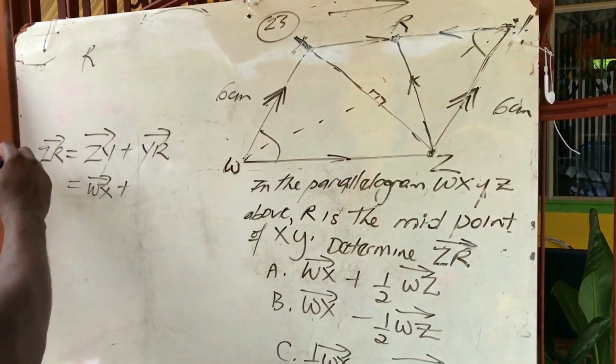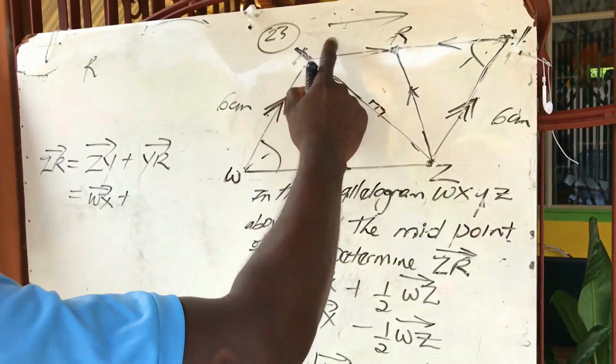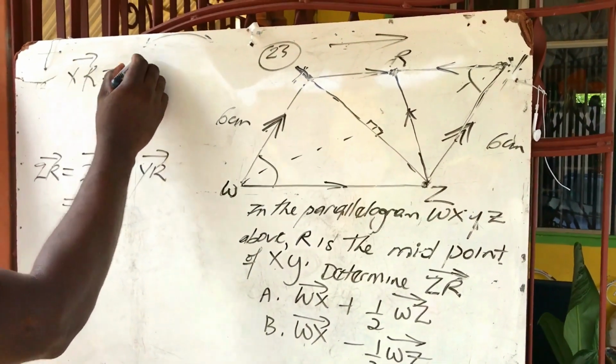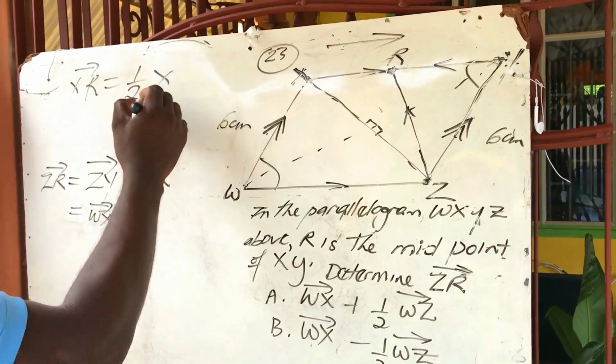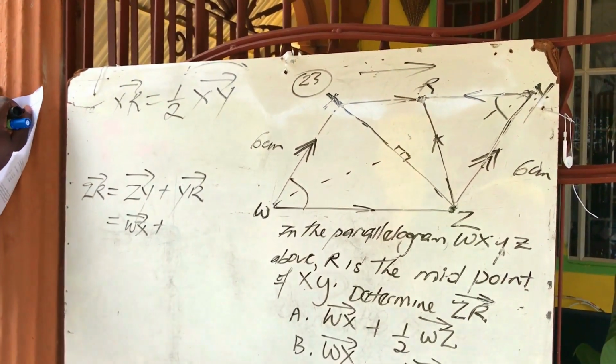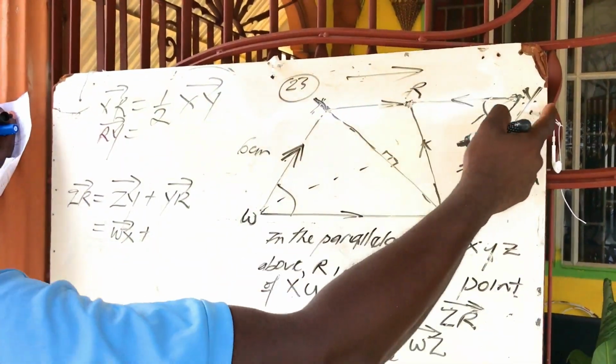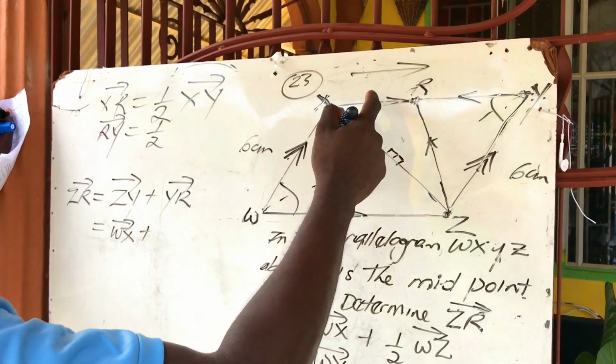So vector XR would be half of vector XY. And also vector RY must also be half of vector XY.